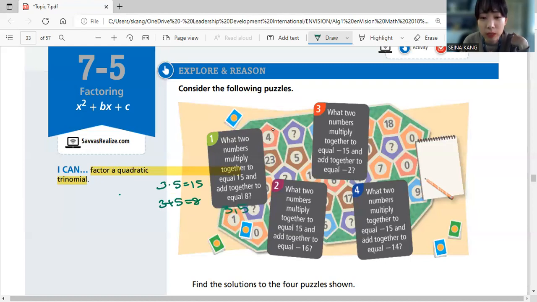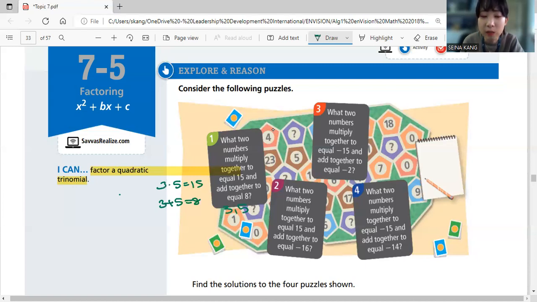What two numbers multiply together to equal 15 and add together to equal negative 16? So multiply to 15 again, but they add up to negative 16. What are other numbers other than 3 and 5 that multiply to 15? Maybe 15 and 1.